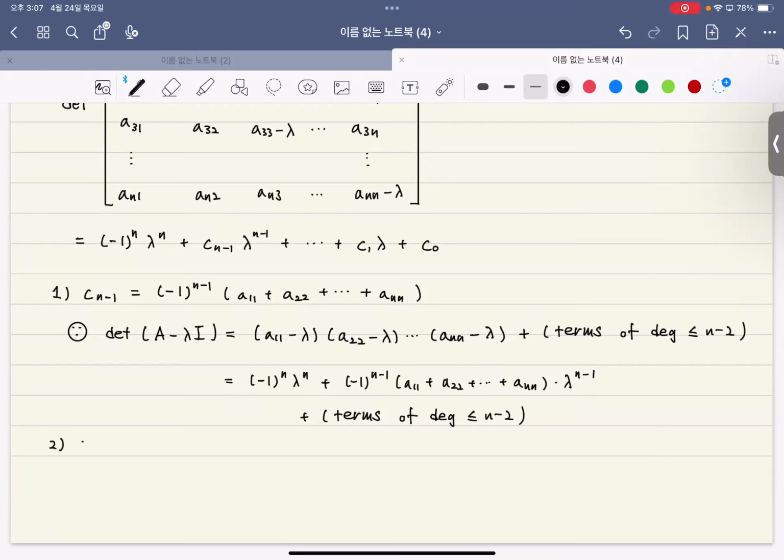And number 2, Z0 is precisely the determinant of A. This constant degree 0 term should always be the determinant of the original matrix. Why? This is even easier to show.